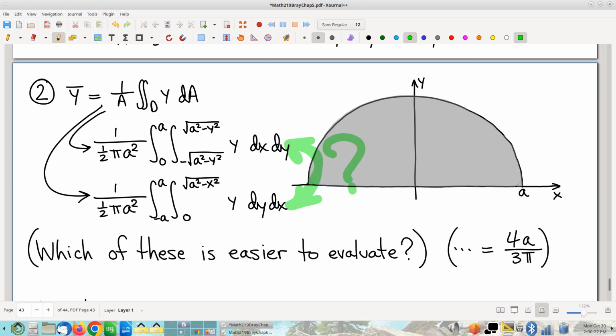You don't have to actually write them down and compute them to realize which one's going to be easier.